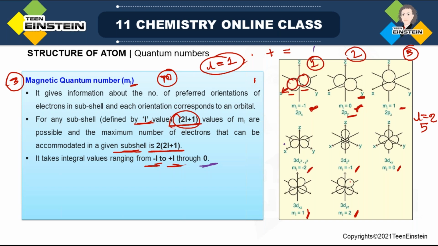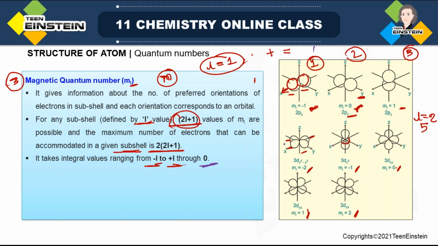Now, the names are something you have to memorize. For dx square minus y square, the lobes are directly on the x and y axes. These two lobes are on the x-axis, and these two lobes are on the y-axis. Then for 3dz square, it looks completely different, right? It is along the z-axis, and there is a donut type of shape.